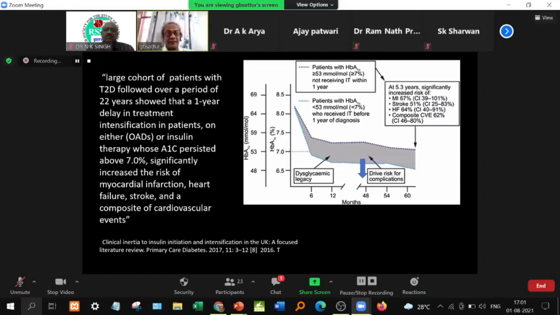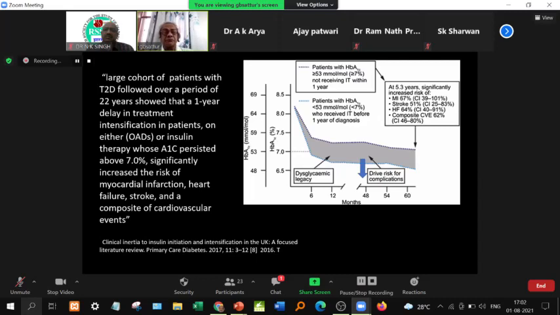This is again a study in the United Kingdom, a very good slide, one of my favorite slides. You can see here, this is a very large cohort of patients where follow-up was almost 22 years. If you lose the first year and go on to the second year to intensify, and you have allowed the HbA1c to stay more than 7, look at when you follow them at 5 years: the increased incidence of MI, heart failure, and composite cardiovascular events.